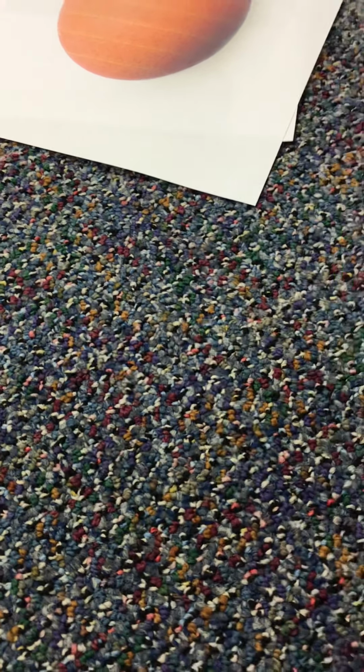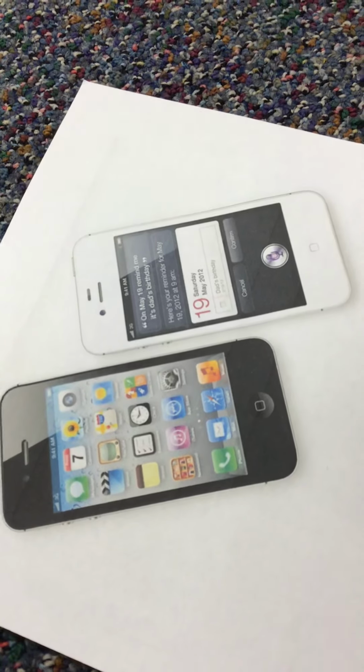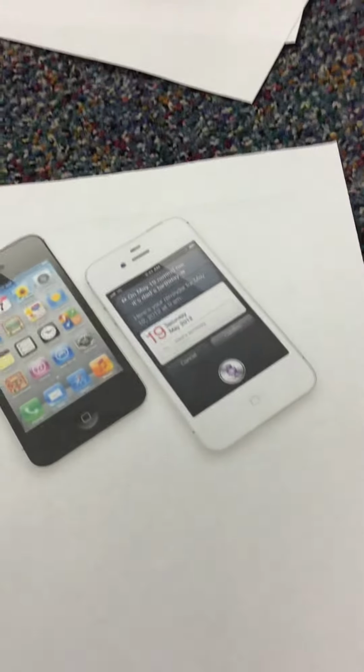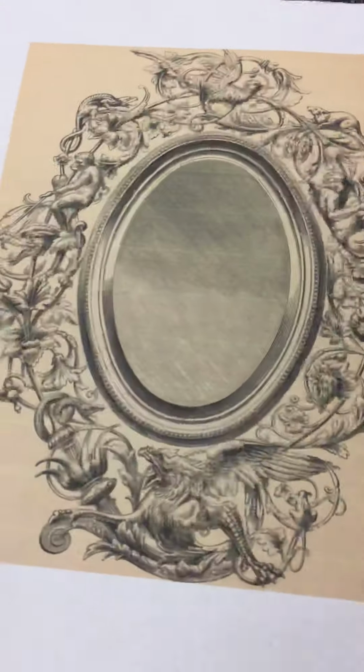Next, we have an example of an oval. It's an egg. So next time you see an egg, think of an oval. Now next is another example of a rectangle. Now these are phones. A phone can be in the shape of a rectangle. Or an iPod. Some people have iPods. Another example of an oval can be a mirror.